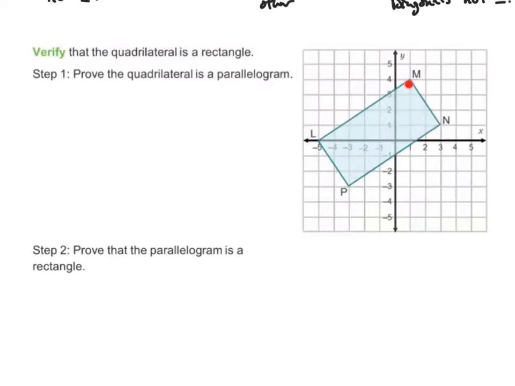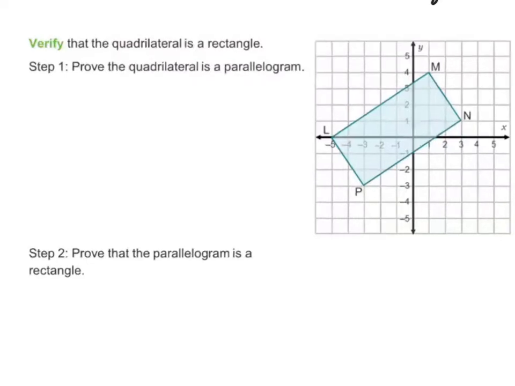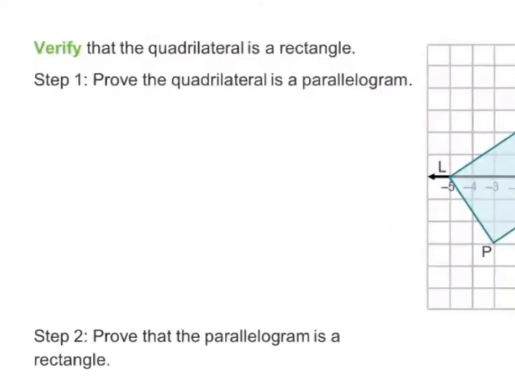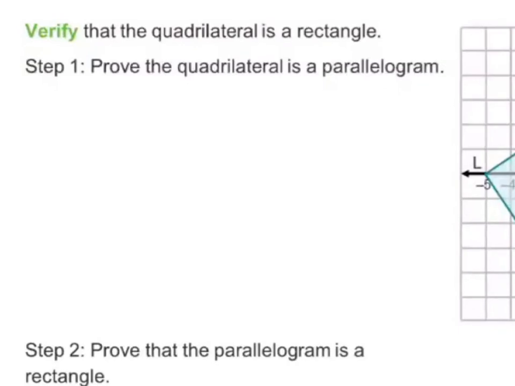And then we want to show that LM is also parallel to NP and that it's also congruent. So let's do that. We just want to show it's a parallelogram, so we want to do two things: slopes and distances.